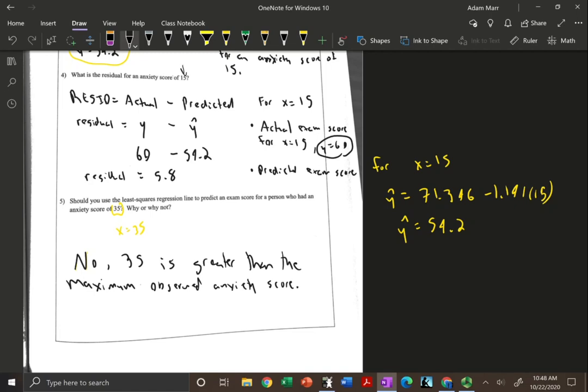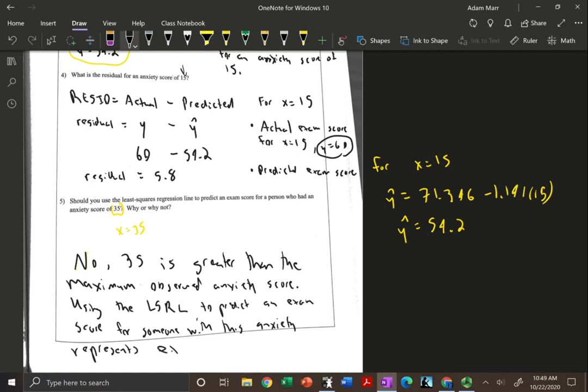And we could just say right here, using the least square regression line, LSRL, to predict an exam score for someone with this anxiety score represents extrapolation.